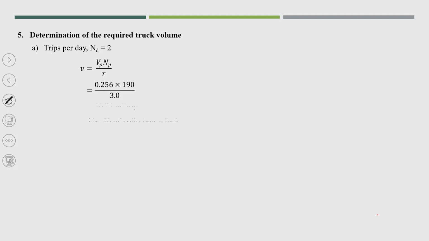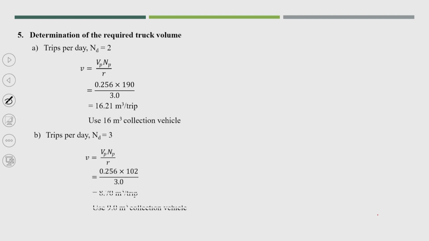So, we can calculate the vehicle volume is coming out to be 16 meter cube collection vehicle, okay. And for ND 3, 8.7 meter cube per trip, we can use 9 meter cube collection vehicle.